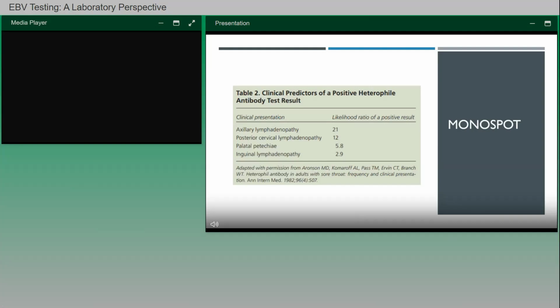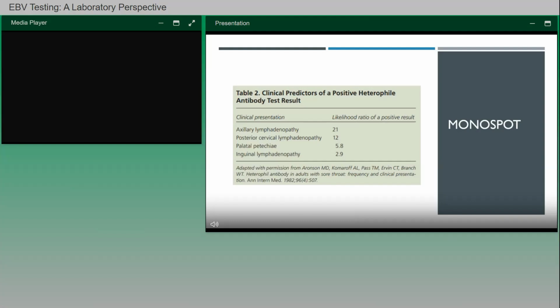But the point of this paper is that they show that out of 70 different virus-associated symptoms that they looked at, only these 4 here on this chart were found more often in Monospot positive patients. So they basically concluded that if the patient didn't have one of these 4 signs, then don't even do a Monospot, because your odds of it being positive are so low that it's not worth doing the test.